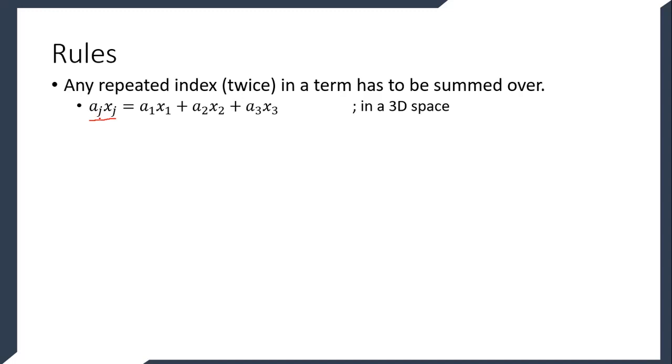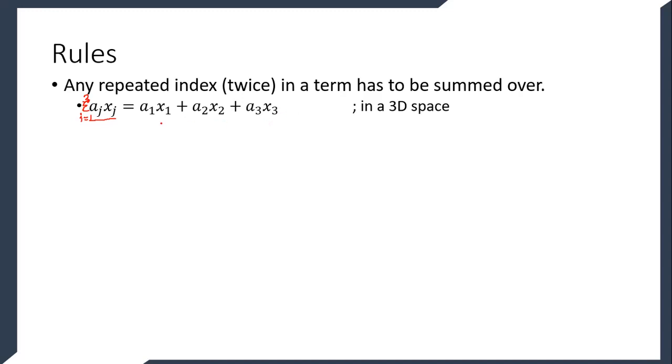If you find an expression like aj xj where j repeats twice, then it implies that this expression is equal to sigma j equals 1 to 3, if the dimension of the space is 3, of aj xj, and that will give you a1 x1 plus a2 x2 plus a3 x3.